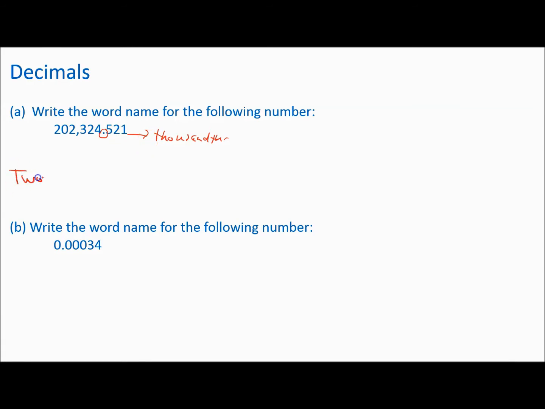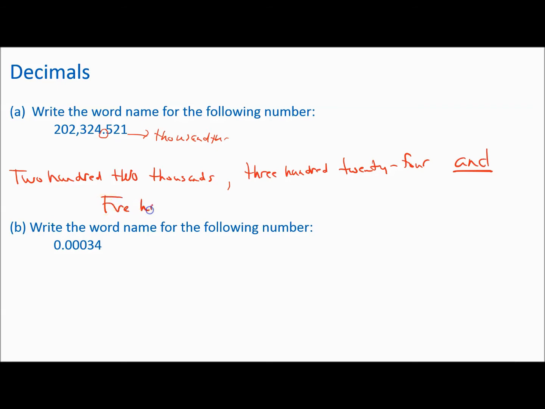That's 202 thousand, already getting sloppy, thousandths, thousands, not thousandths, thousands, I didn't say that properly. 202 thousand, 324, 24 is hyphenated, and, so again, that decimal is an "and," 521, again hyphenated for 21, thousandths.